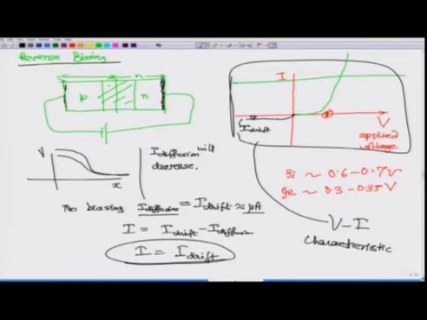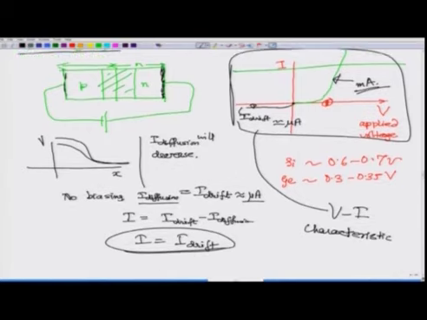But the I drift is of the order of microamperes, whereas the current here in forward bias is in milliamperes, several tens of milliamperes or 100 milliamperes, depending on the rating you put for the maximum allowed current.